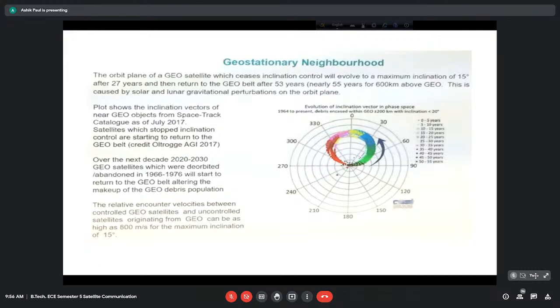So what it essentially means is that there will be an increased number of space debris in these 10 years, from 2020 to 2030, and at the same time in the subsequent decades as well. Because as you can understand, during 1966 to 1976, there were not very many satellites launched.